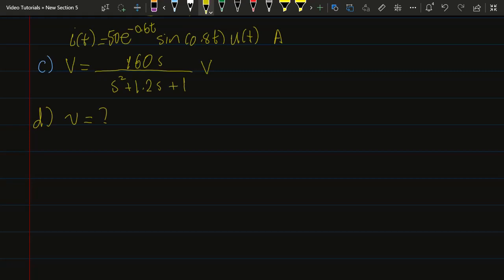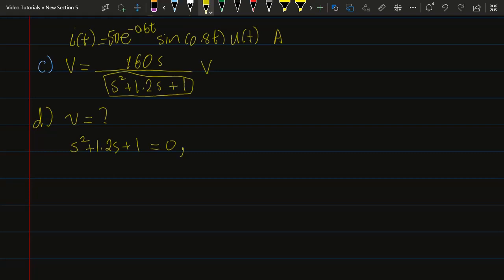So the first step is to factor this out, and to factor this out, I will find what we call the poles, which are the zeros of the denominator. So I'll just equate this 1.2s plus 1, I will equate this to 0 and find the poles.